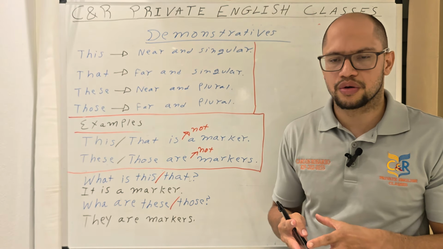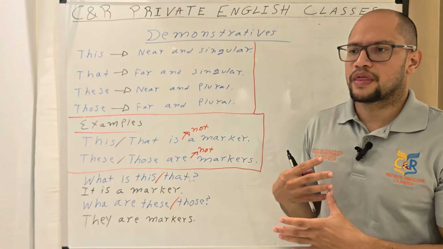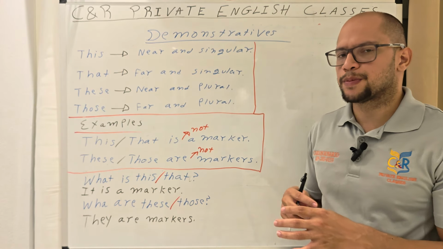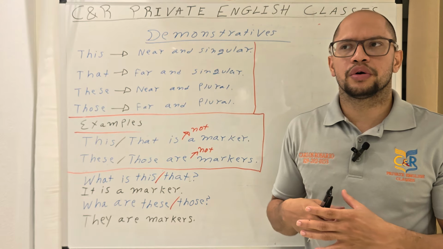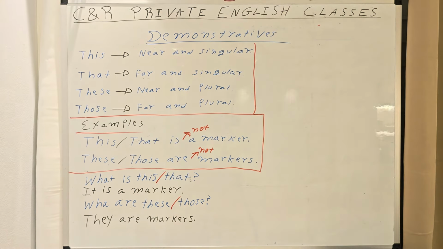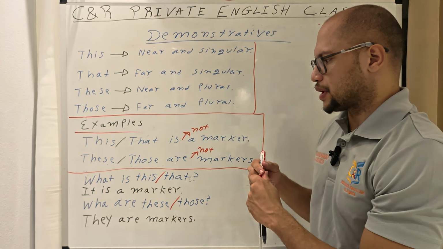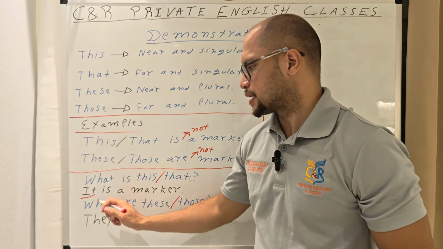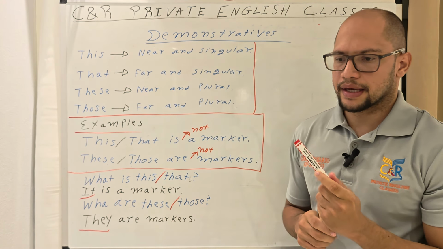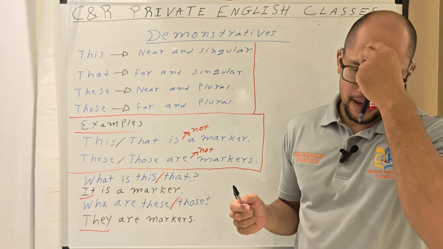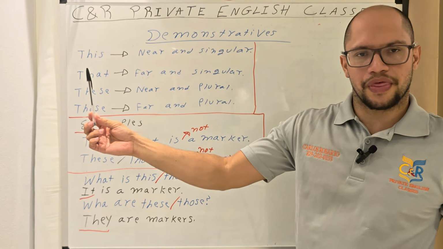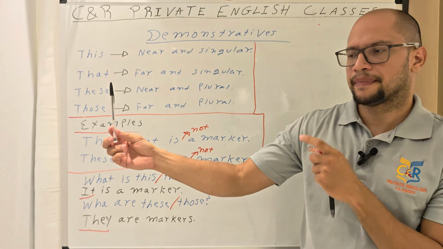Now, to respond to those questions, you can use this, that, these, and those. Yes, you can use them to respond to the questions. However, it is more practical, more convenient if you respond with it or they. Why? Because maybe I ask you, hey, Maria, what is that?